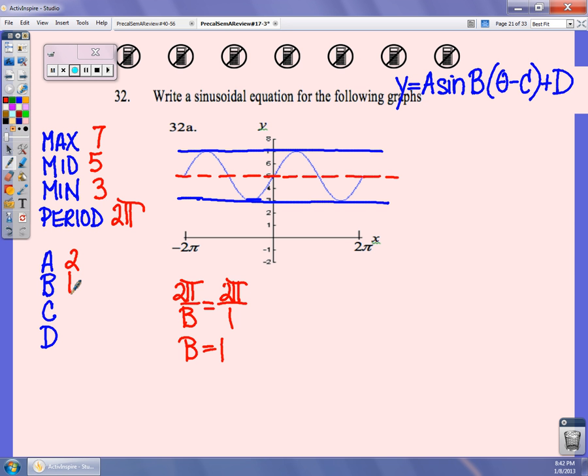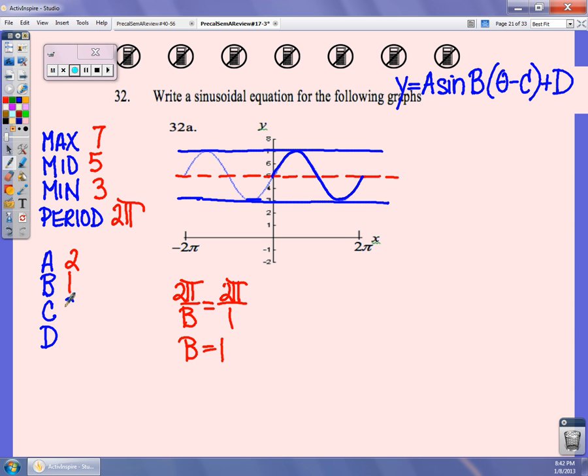Our C value, remember, is the phase shift. That's the shift left or right. In this case, our sine function is not shifting at all. It starts here at 0 and completes one full cycle at 2 pi.